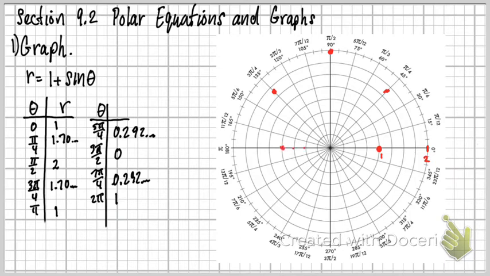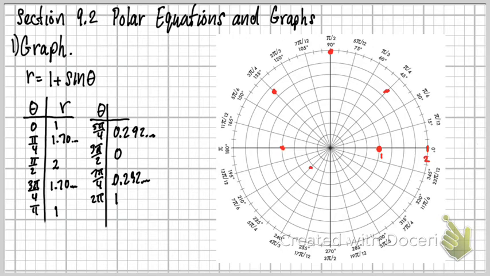Let me erase those other ones and get those out of there so we're not confused when we go to graph all this. And then at 5 pi fourths, which is here, it's going to be 0.29, a little over a quarter, so it'll be there.